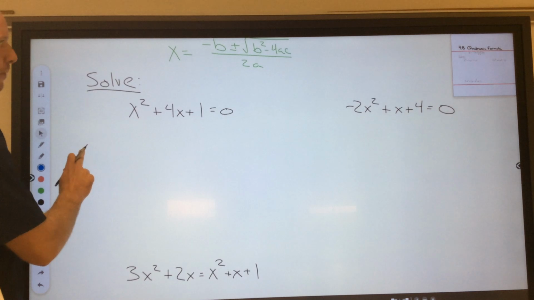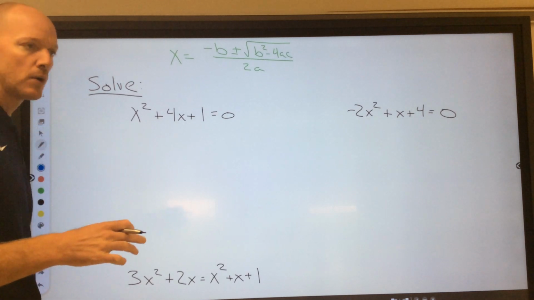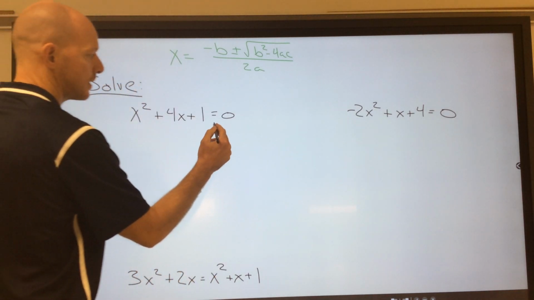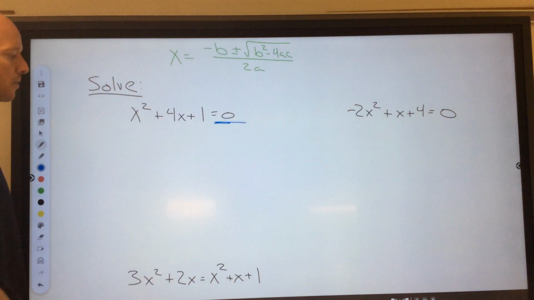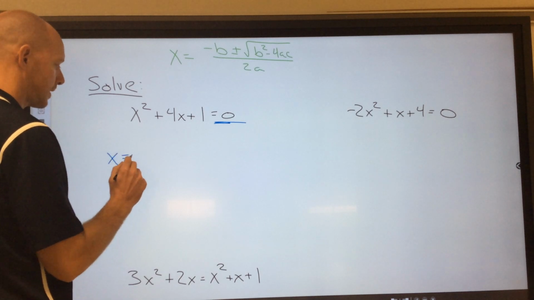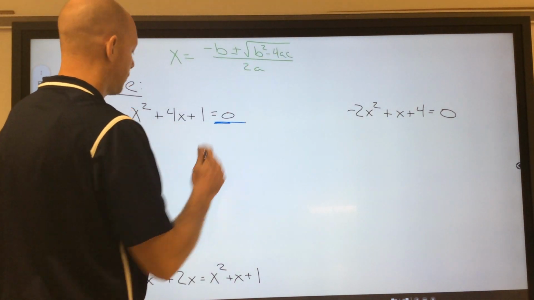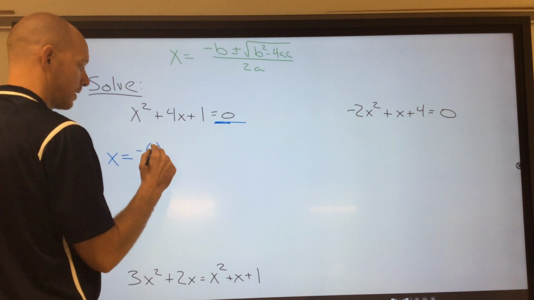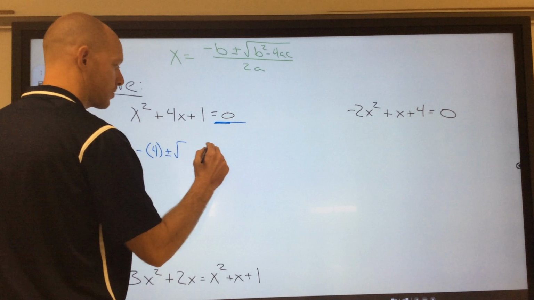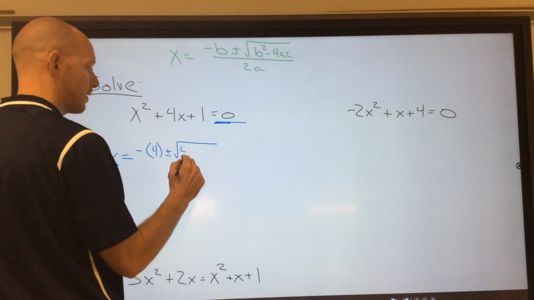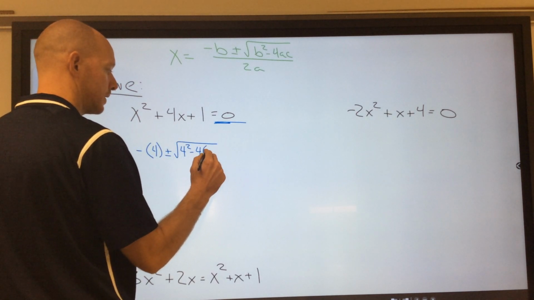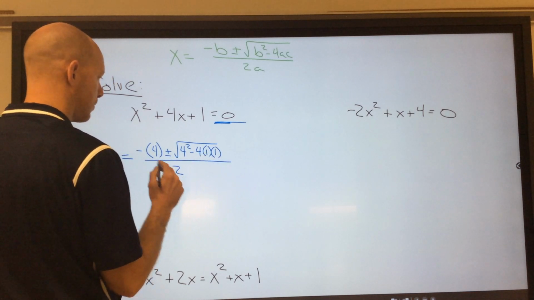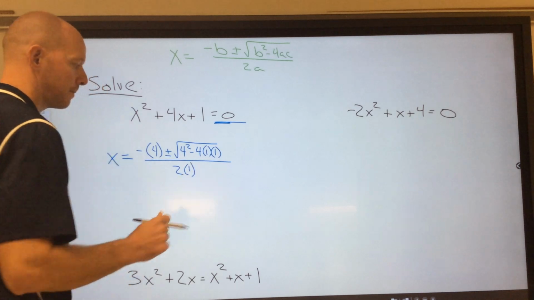In our first example, nothing too crazy taking place here. It's a pretty average problem given the fact that, again, it's already set equal to 0. So what I'm going to do is apply the quadratic formula, which says the opposite of b, which is 4, plus or minus the square root of b squared minus 4 times a times c, all over 2 times a, which is 1.